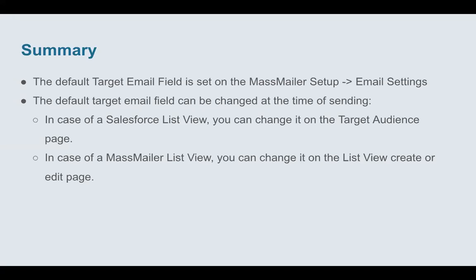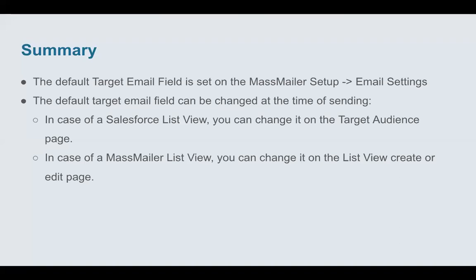That typically is kept as is, but some customers may change it because they have a different target email field. But many customers may also have a need to send out email campaigns but change the target email field only for that specific campaign, right? How do you do that?